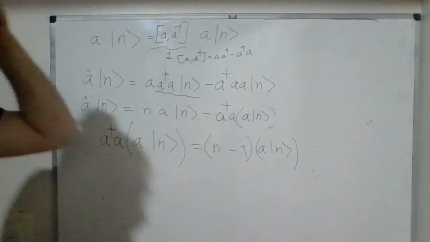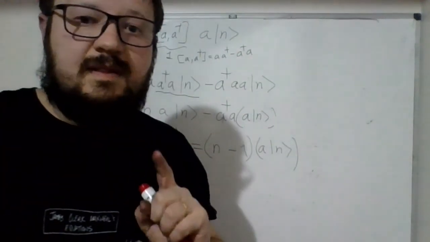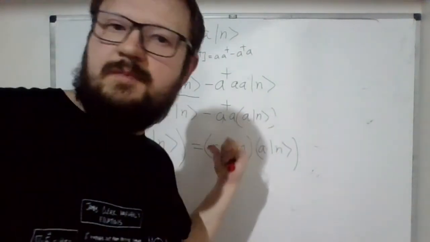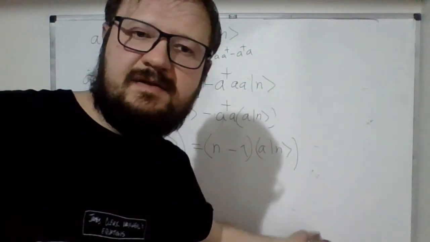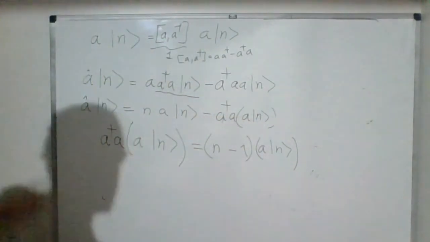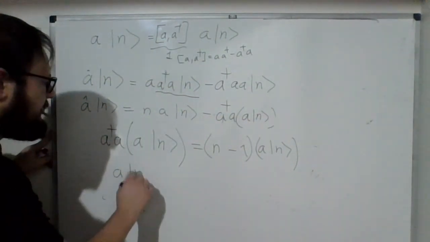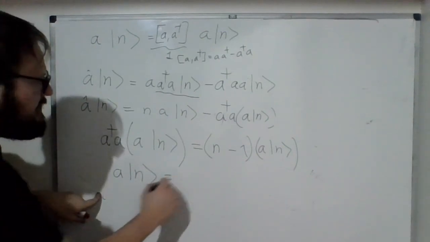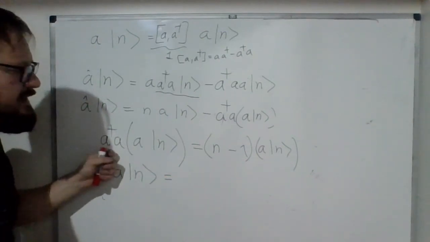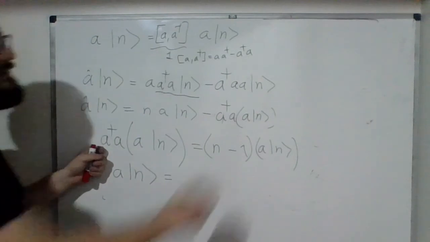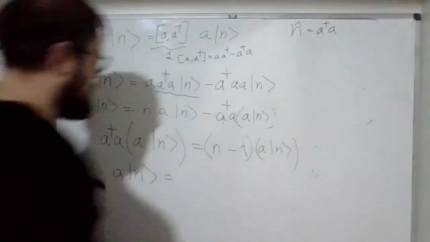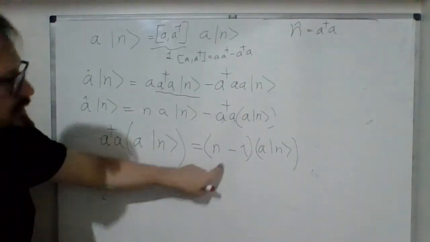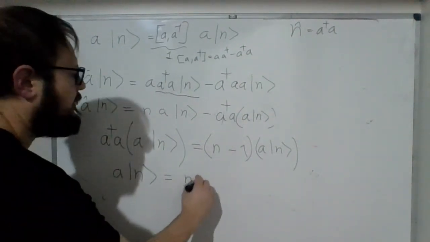So it is because of the commutation relations, because of the form the operators are defined, it is necessary that the state A n is another eigenstate of the number operator, because remember A dagger A is a number operator, with eigenvalue n minus 1.